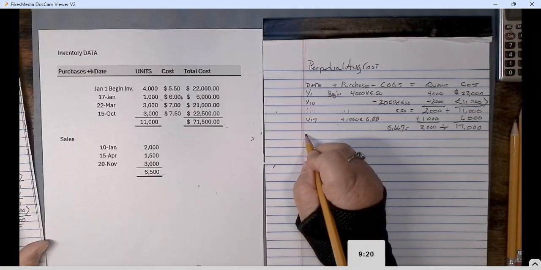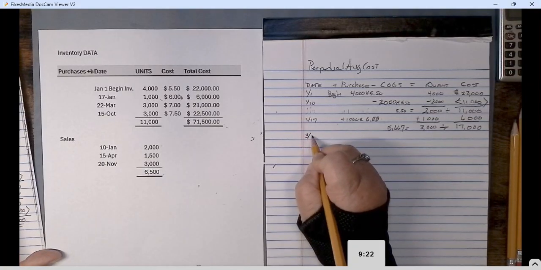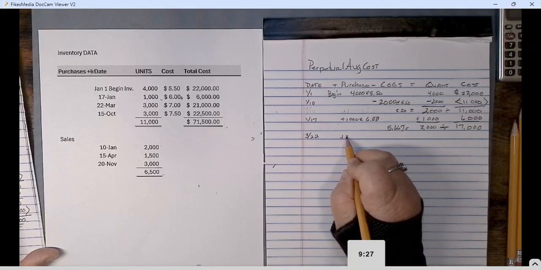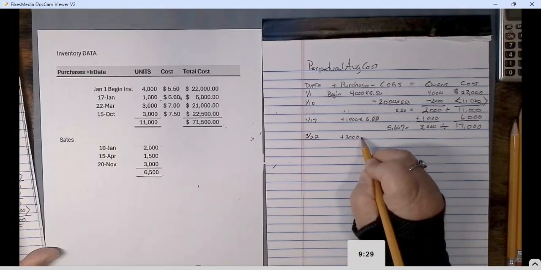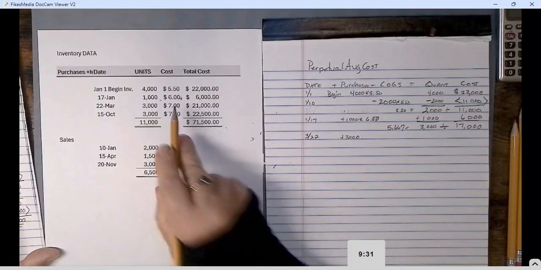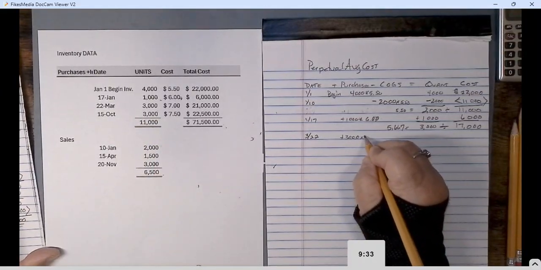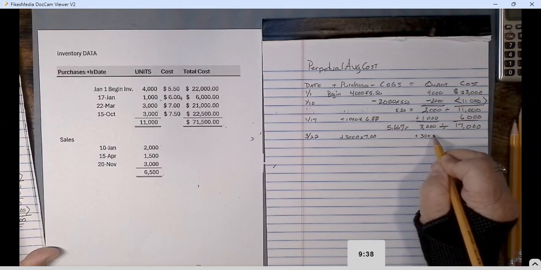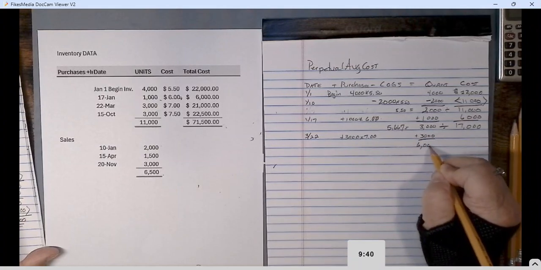Skip a line. The next one is 3-22. I added 3,000 units at $7, giving me 6,000 total.